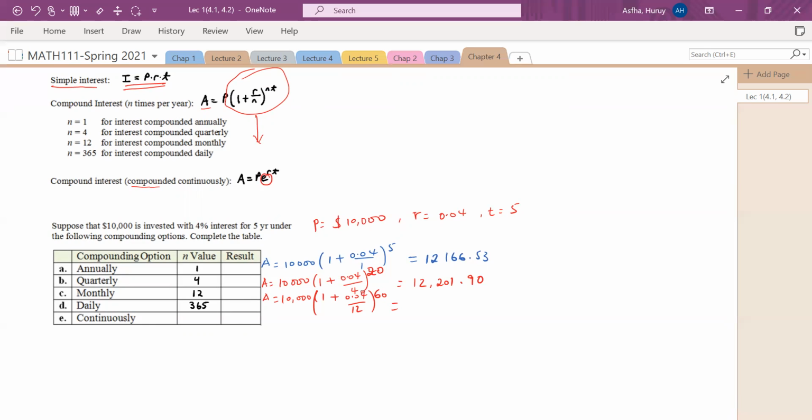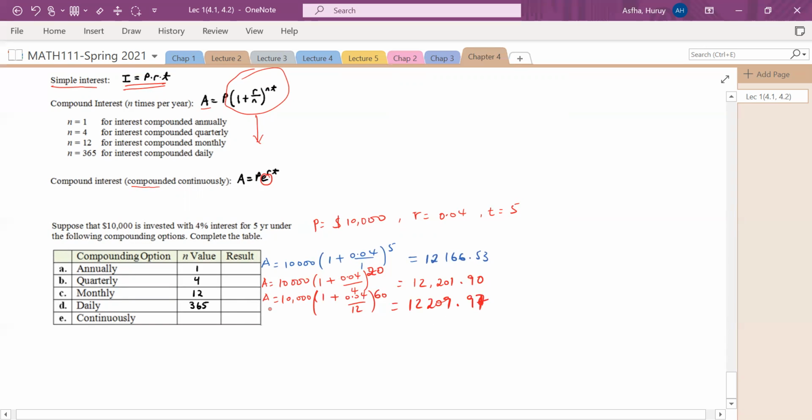I'm using my calculator to find the result, and it is 12,209.97.